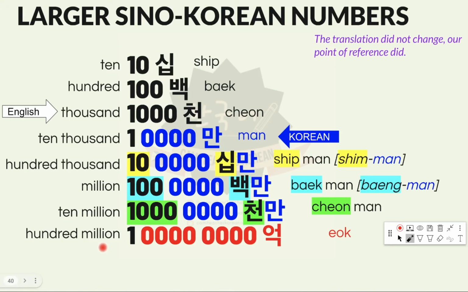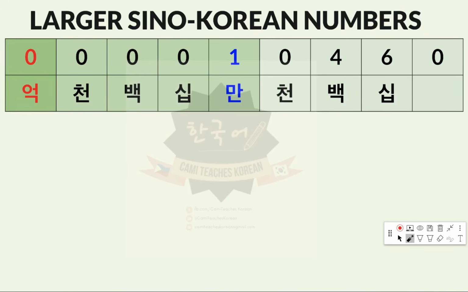It's confusing, because 100 million in the Korean way is already ok. So you don't read it as 100 million, it's read as il-ok. It's 1 ok. And this one is 1 man. It's 10,000, but in Korean, il-man. Man.